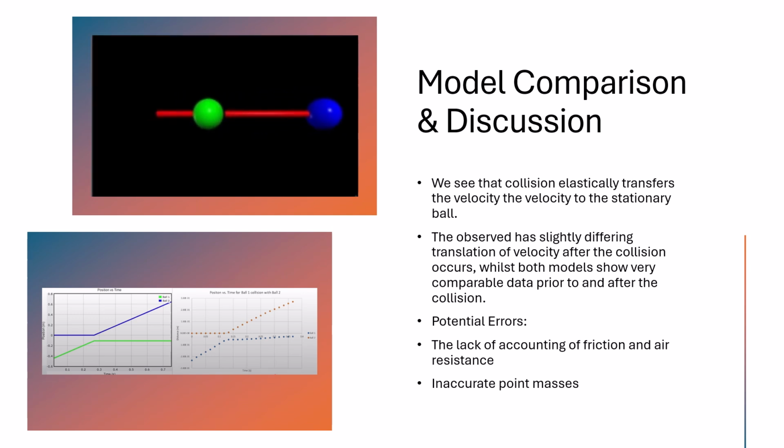On the right we have the real life data, and it's essentially the same at the point of contact, but there's a little bit of a difference. It kind of seems to curve off, and that could be due to resistance, friction with the table. We see that the collision elastically transfers the velocity to the stagnant ball, and then there's a little bit of difference, and potential errors could come from air resistance and inaccurate point masses.